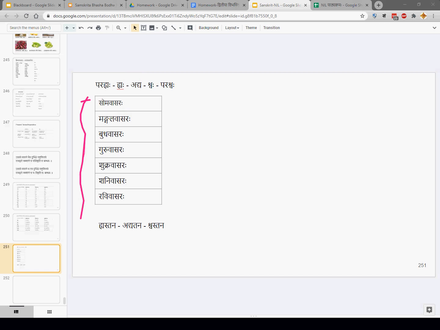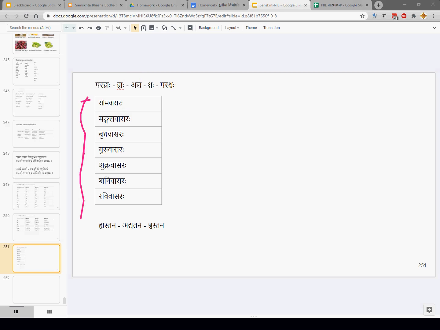Guru Vasaraha. Shukra Vasaraha. Shani Vasaraha. Ravi Vasaraha. Dhanyavadaha. So, note that these names are for each day in a week.